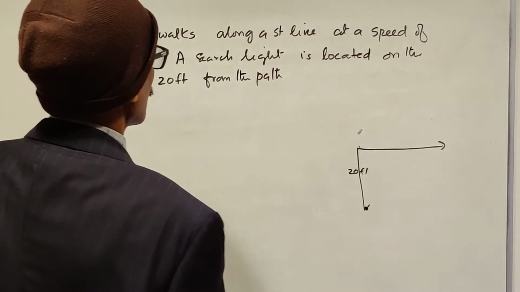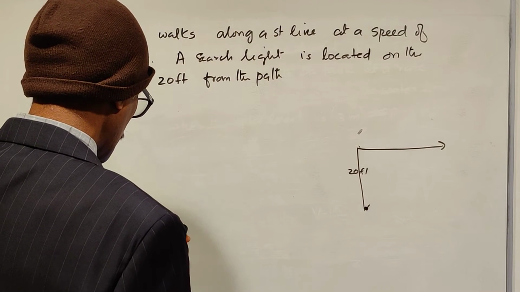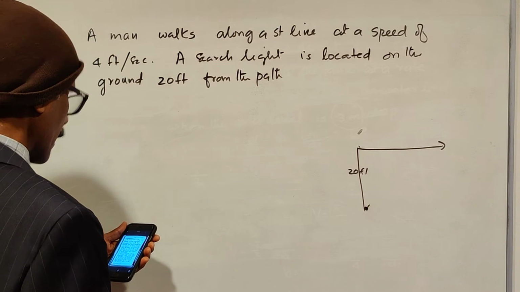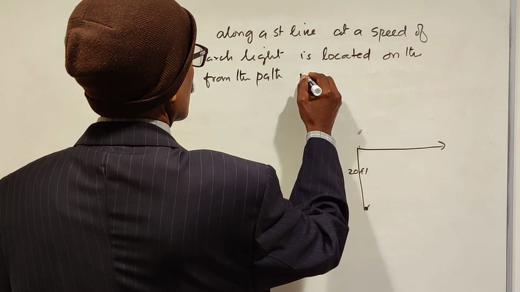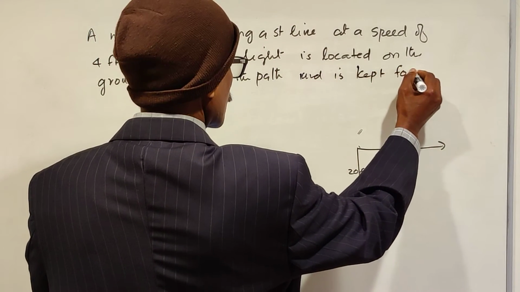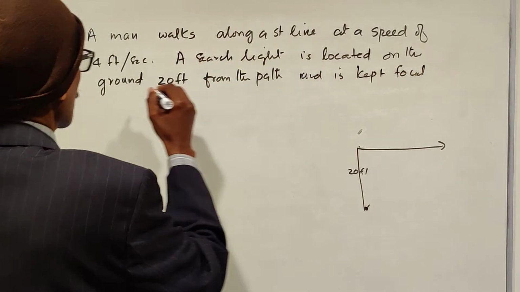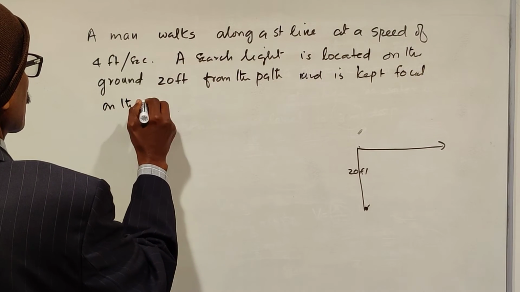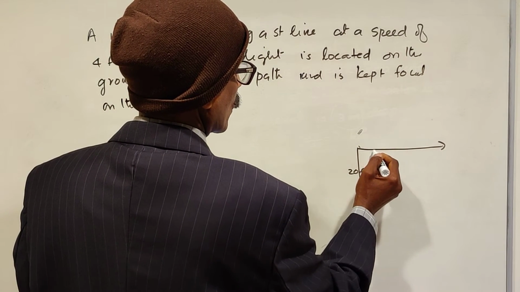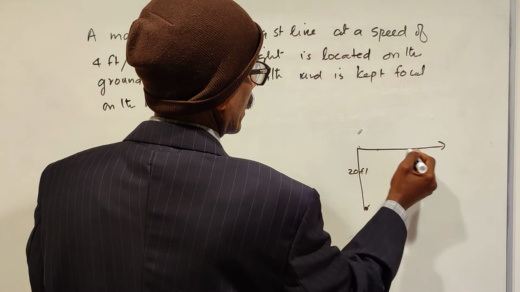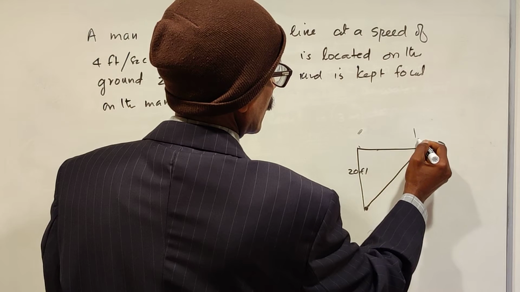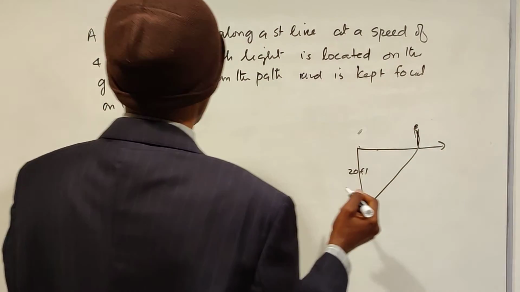Searchlight is here, 20 feet from the path, and is kept focused on the man. When he walks, the searchlight also focuses on him. Okay, when he reaches here, the searchlight is somewhere here. Okay, that is the question.